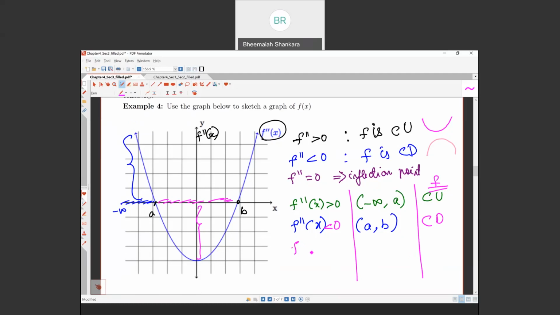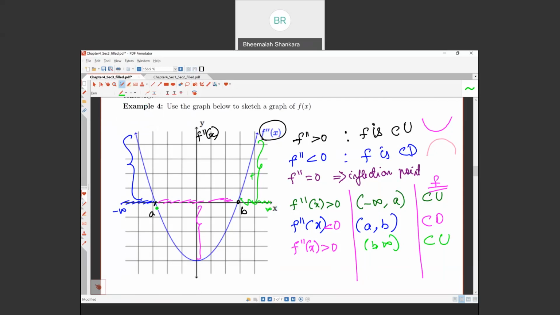F double prime x is greater than 0 on the interval, say b to infinity, and you see that these values are positive, so you can write they are concave up.